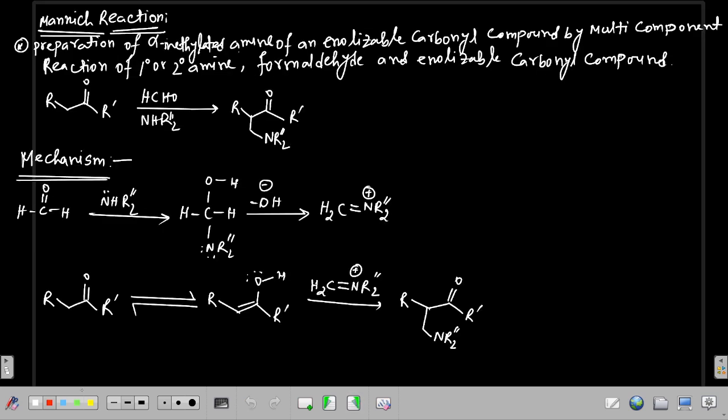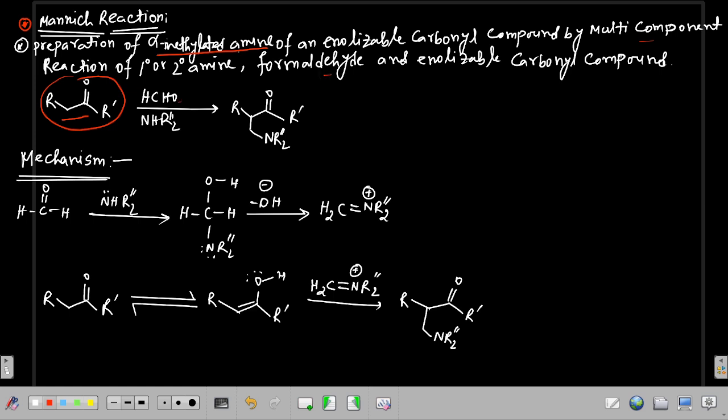Our next reaction is Mannich reaction. It leads to the formation of an alpha methylated amine of an enolizable carbonyl compound. This is an enolizable carbonyl compound, by a multi-component reaction of a 1 degree or 2 degree amine with formaldehyde and an enolizable carbonyl compound.